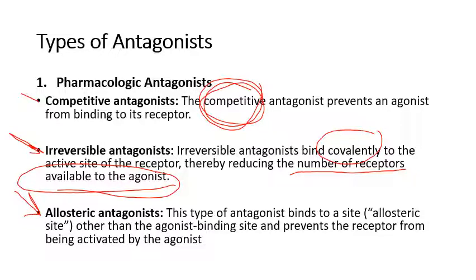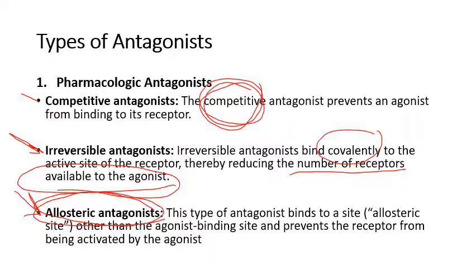In this case, the binding site of the allosteric antagonist is different from the binding site for the agonist. Therefore, the antagonist still produces pharmacological antagonism by decreasing the activity of the receptor, but using a place which is not related to the place that the full agonist could interact with.